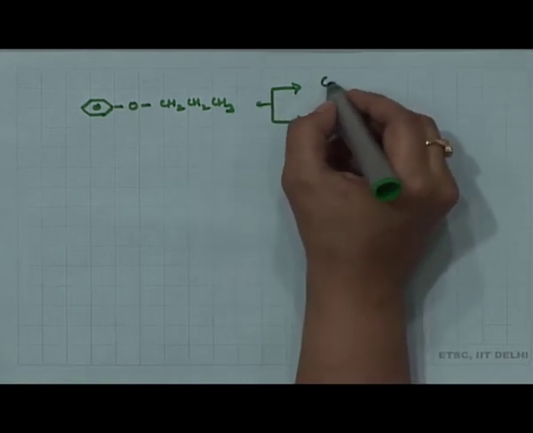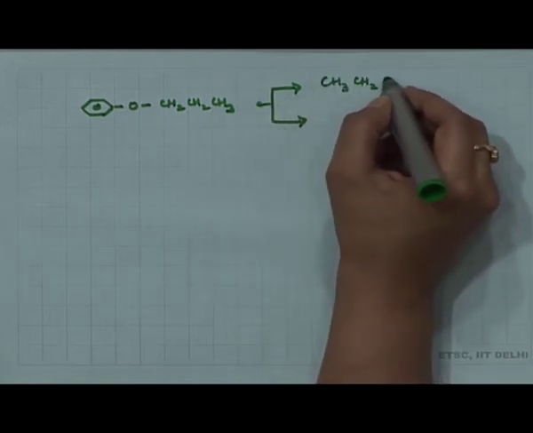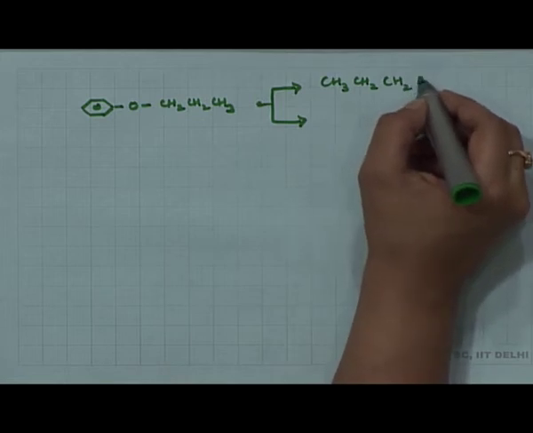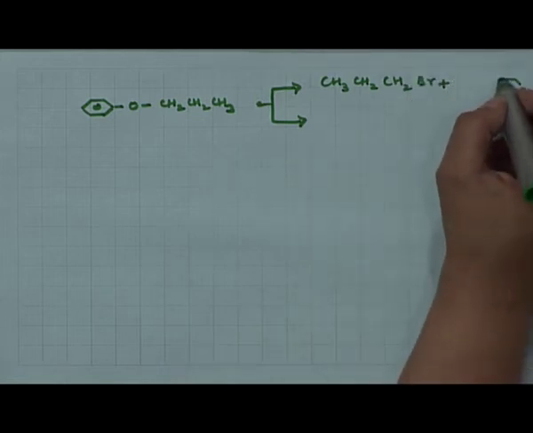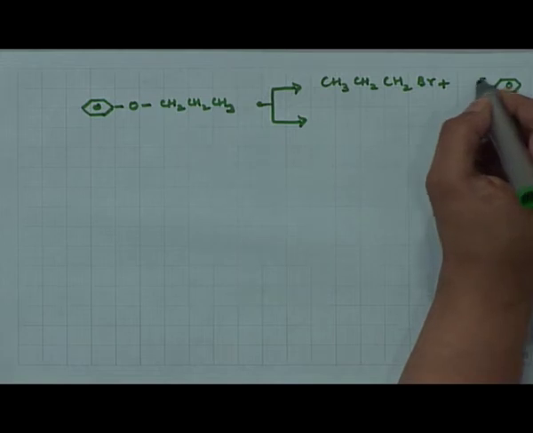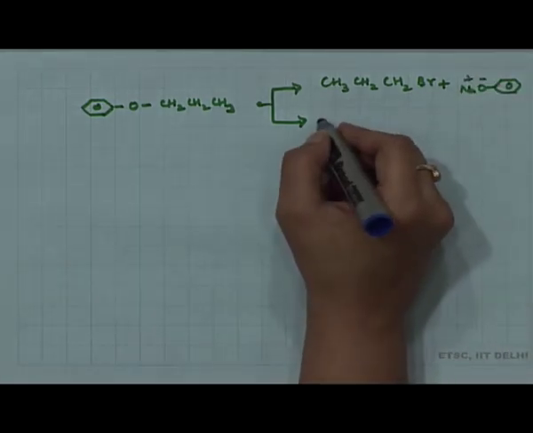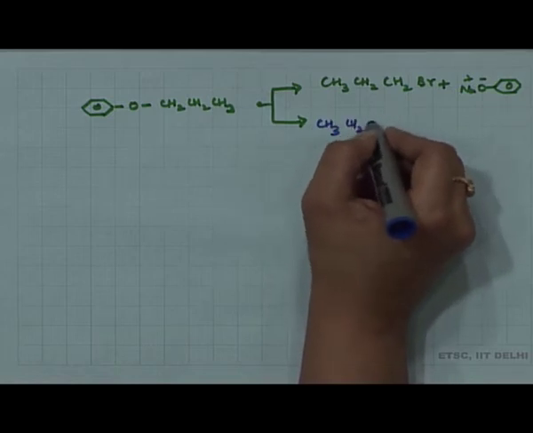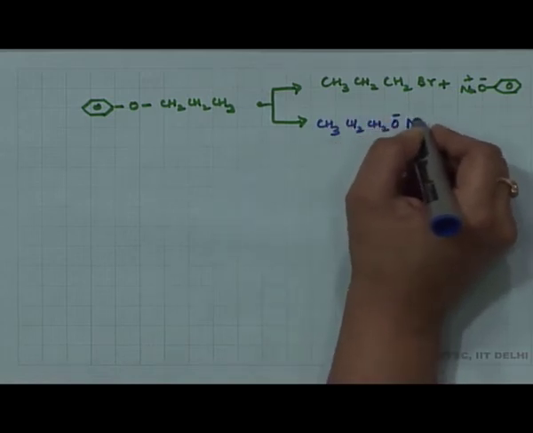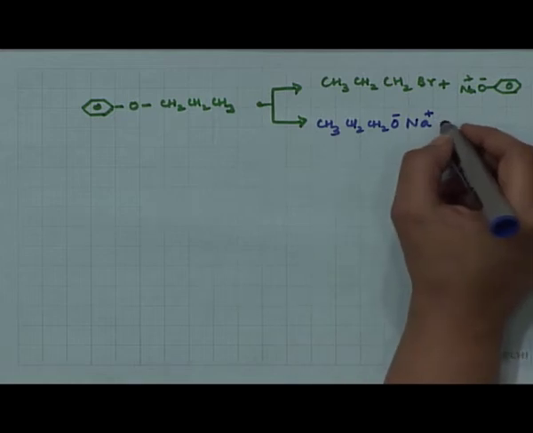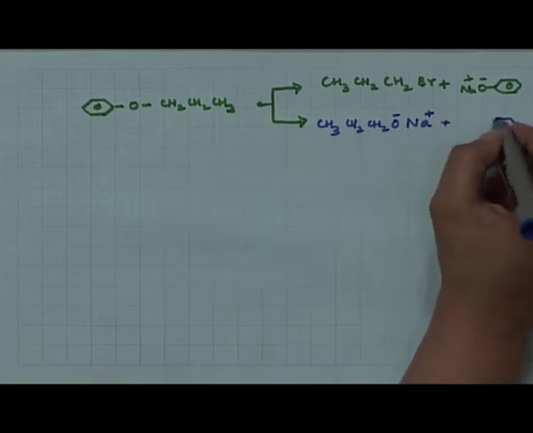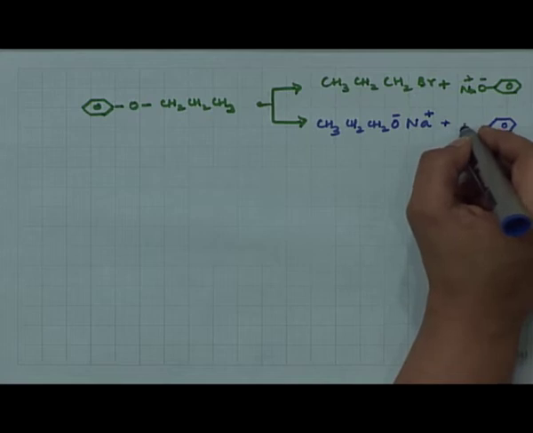One could be that you start with propyl bromide and treat it with sodium phenoxide, and the other route could be that you start with sodium propoxide and treat it with aryl bromide.